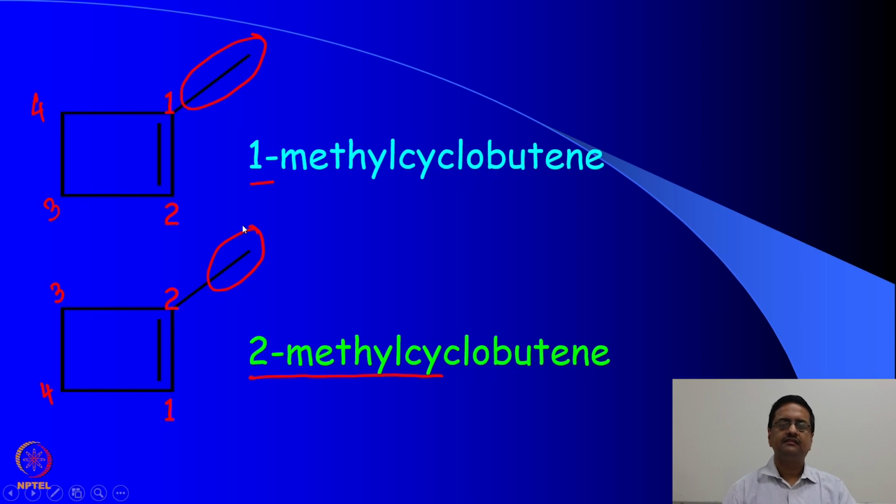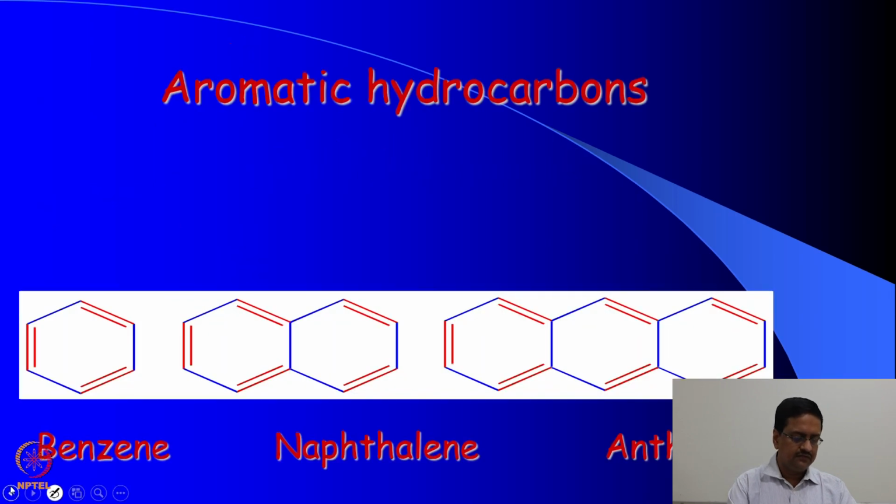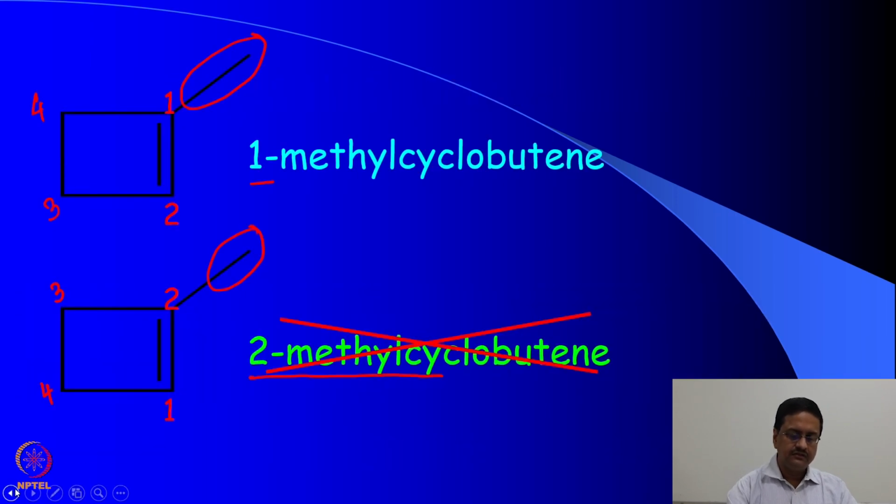What do you think the name should be? The correct name of this molecule should be this one, not that one, because the substituent methyl gets the lowest number.